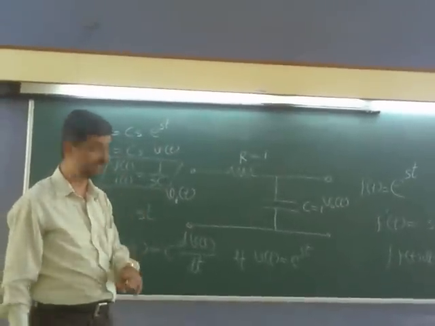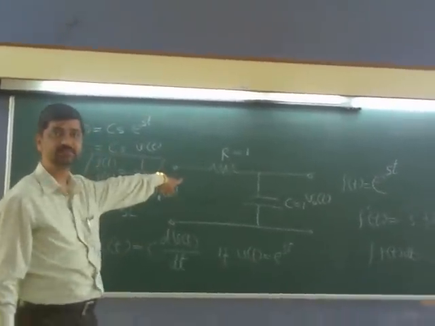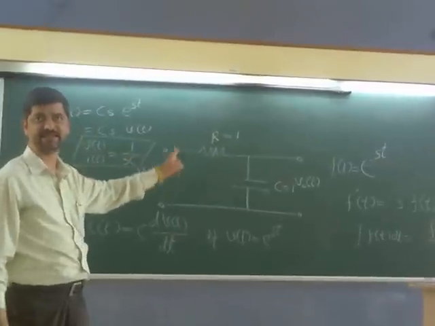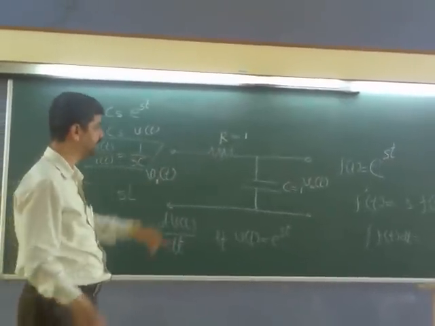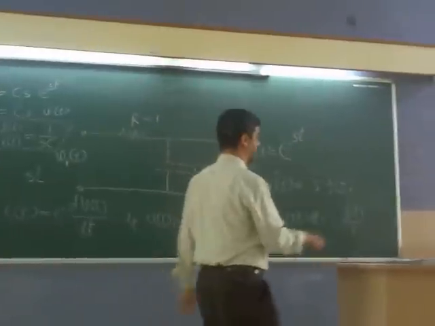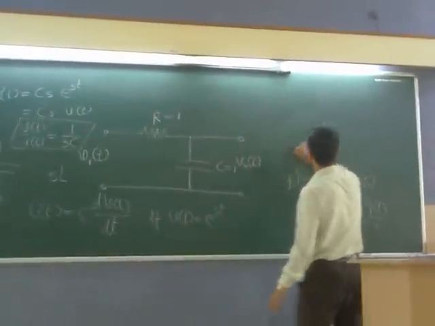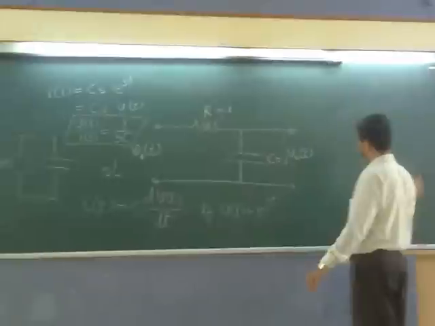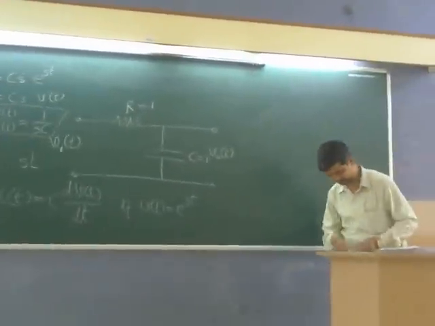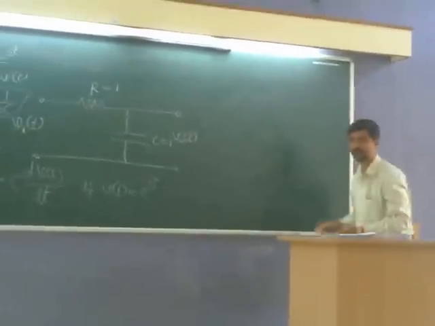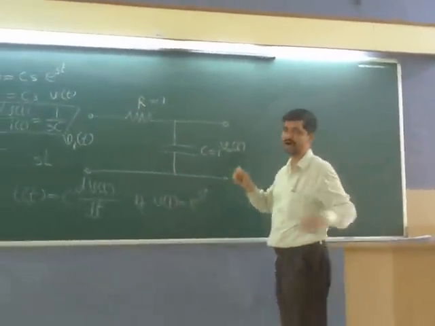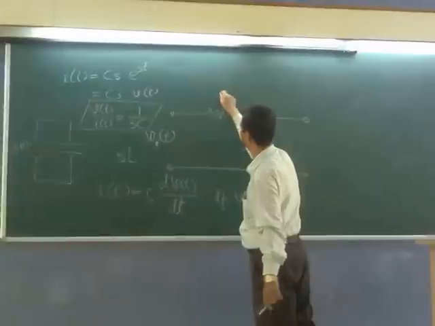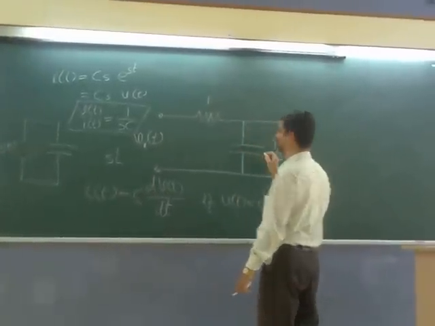Once this is very clear, I can use it directly in the equation, directly in the system, and I can get the output. So if I have C equal to 1 and R equal to 1, and if my f(t) is equal to e raised to st, what will be the output? R is 1, C is 1, so the impedance of the capacitor is 1 upon s.